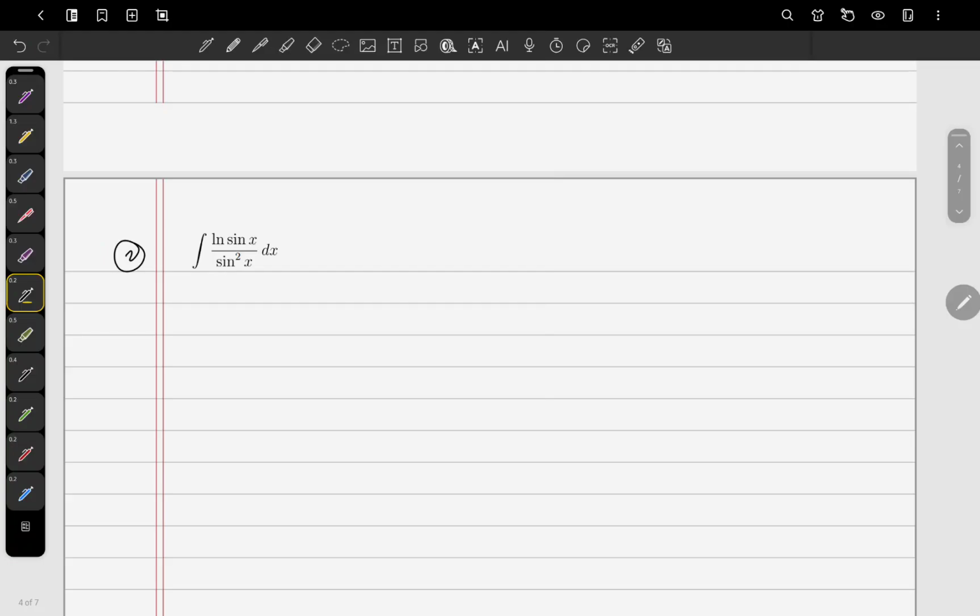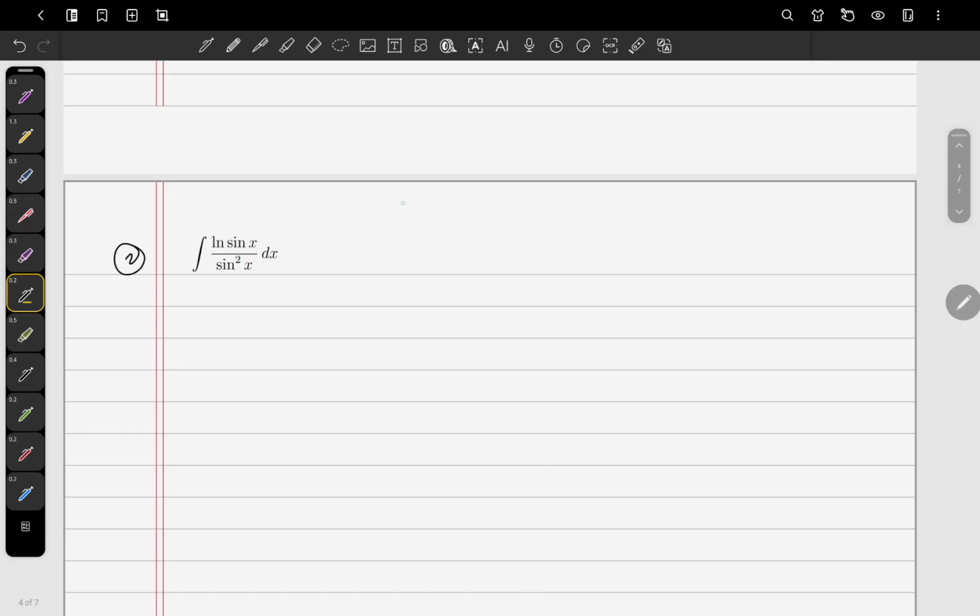That is one of the first things to think of when you come across a quotient. So what can we make as u to make things simple here? If we say u is equal to sine x, it doesn't help us because we end up with natural log of u over u squared, and there will be a cos x showing up somewhere that will not get cancelled out. Okay, that does not work.